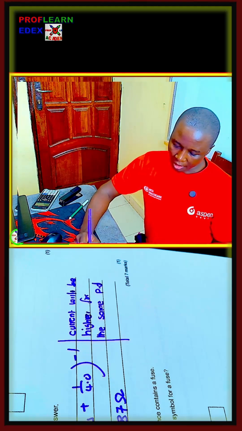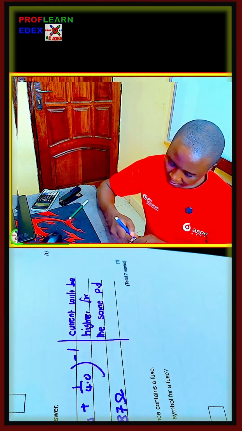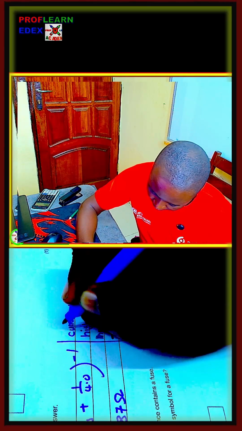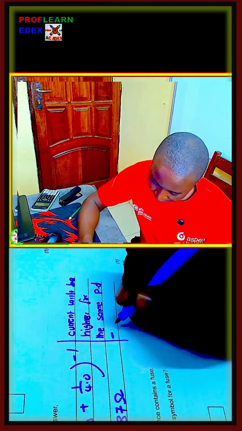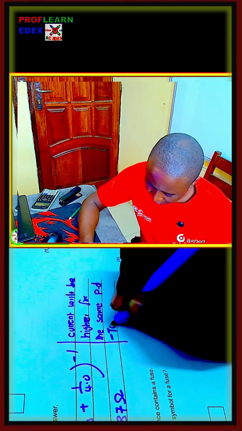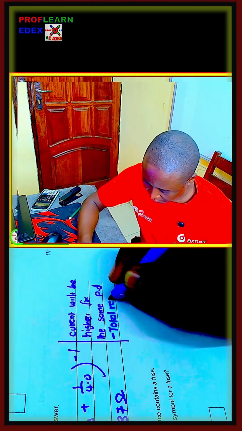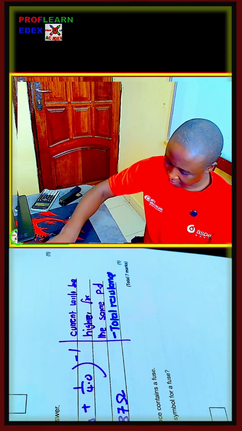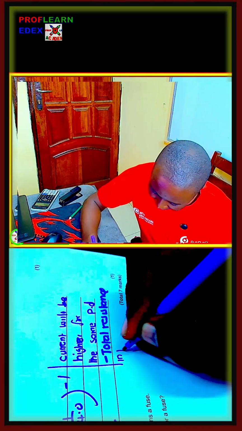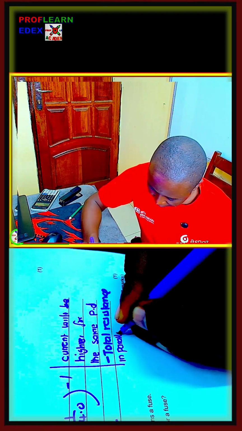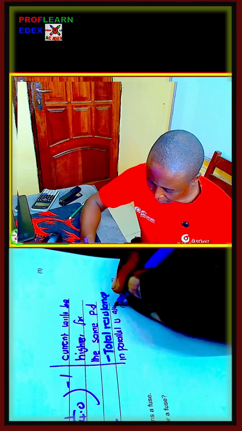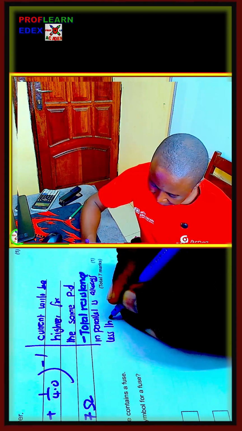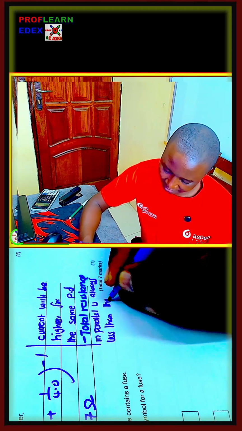Or you can also say, this is one of the answers you can give, that the total resistance in parallel is always less than the smallest.